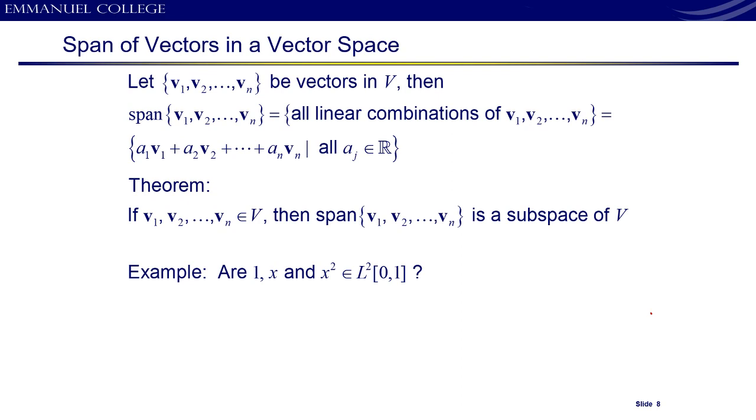So our 1, x, and x squared in L squared 0, 1. Remember, this is the space of vectors such that the set of functions where the integral from 0 to 1 of the absolute value of f of x is going to be finite.